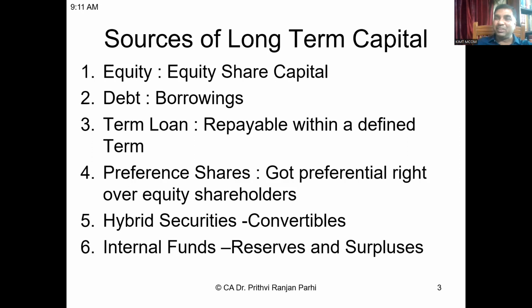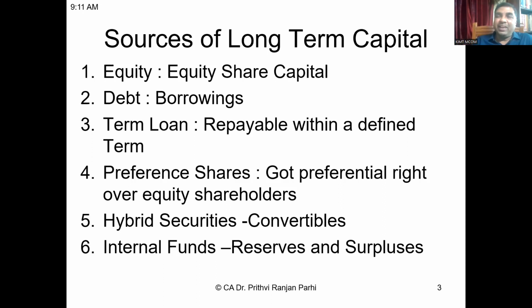If it is an 8% preference share, each shareholder will get 8% of the face value. And these shareholders will have a preferential right. That means they will be given preference as regards payment of dividend. What does it mean? That means first, preference shareholders' dividends will be paid. After that only, equity shareholders' dividends will be paid.